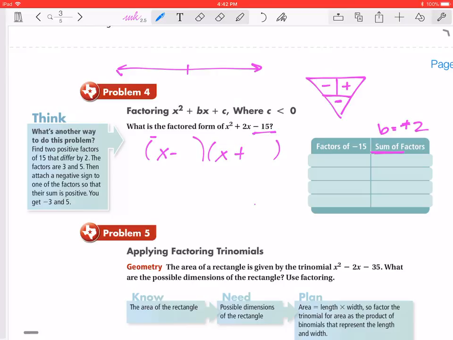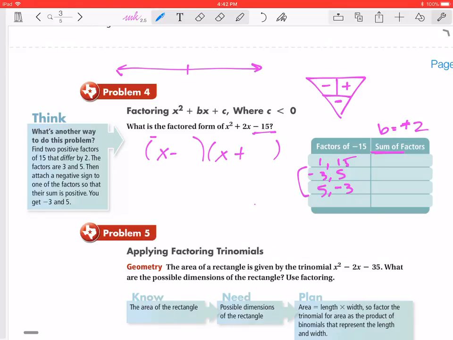So for 15, we have 1 and 15. We have 3 and 5. Let's see. So we have negative 3 and positive 5, and then we have 5 and negative 3. Negative 3 times positive 5 will give us negative 15.